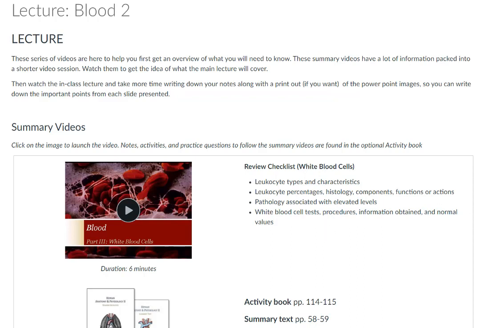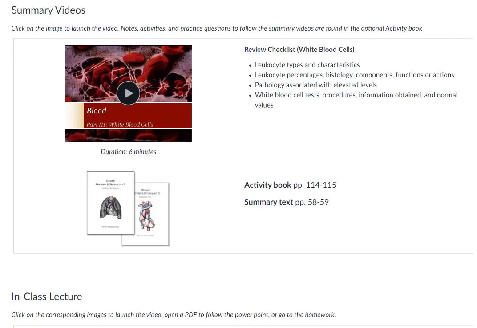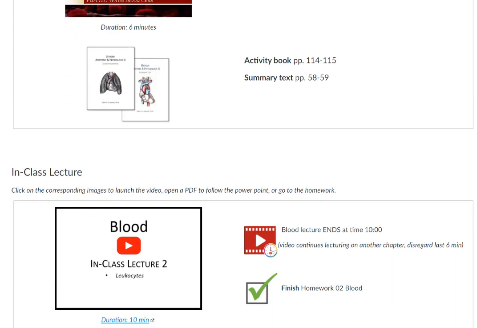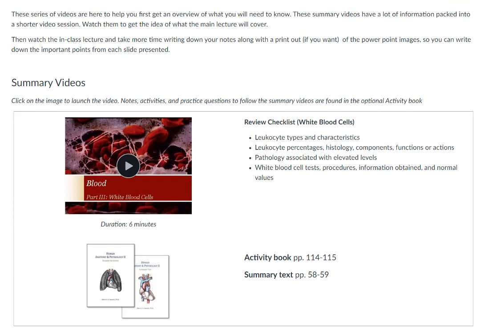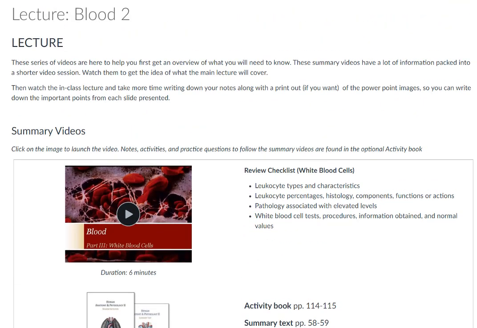White blood cells have a lot of pathologies associated with them. The easiest thing to do is really just look at the in-class lecture notes provided there. I usually just give a one-liner as a ballpark. This is not a microbiology class, but for instance, if you have a high level of neutrophils, it's going to be a more recent, more acute bacterial infection.